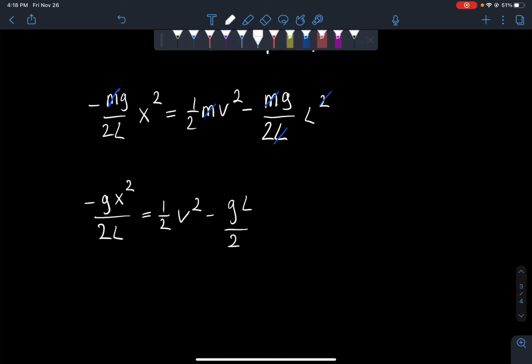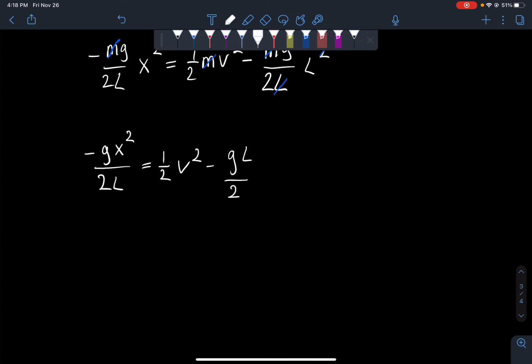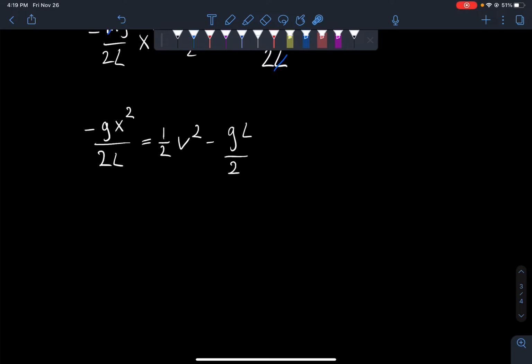So now, solving for v, I'm going to move this term over here, and I'm also going to multiply by 2. Actually, let me just do that in 2 steps.